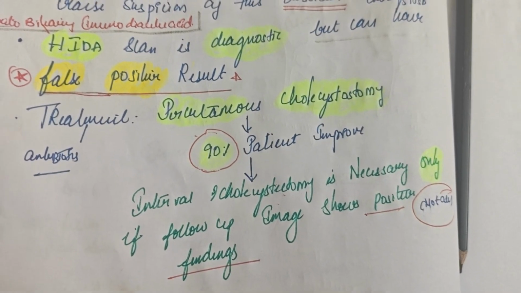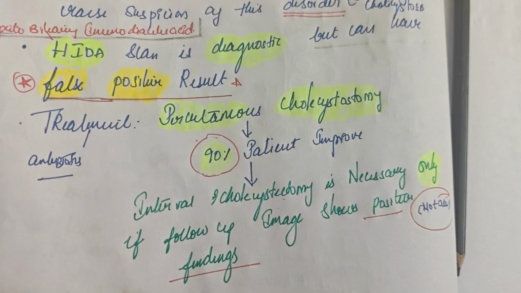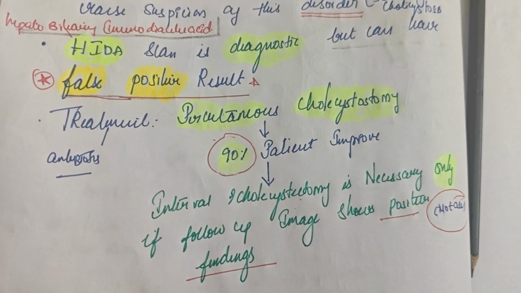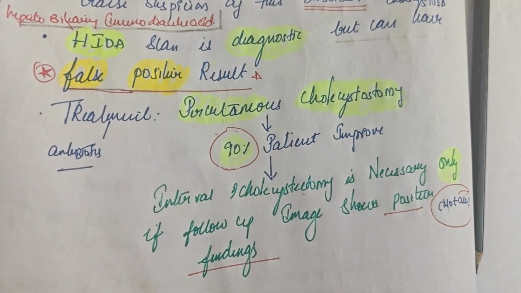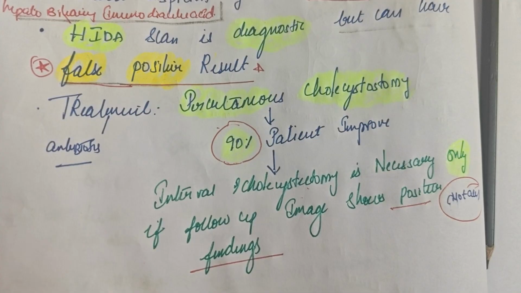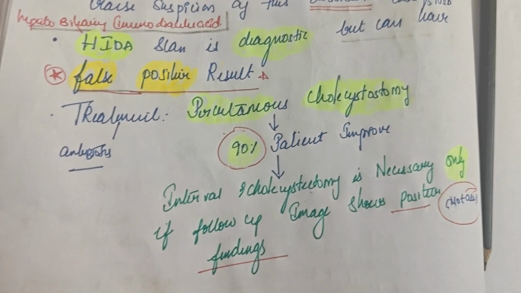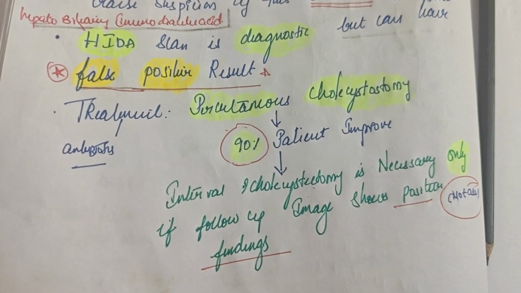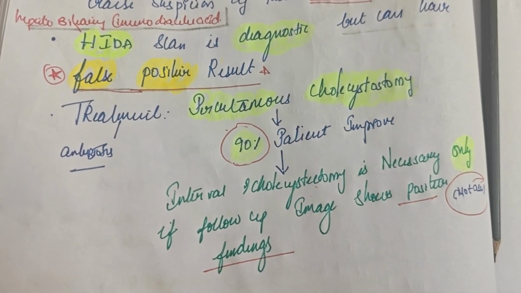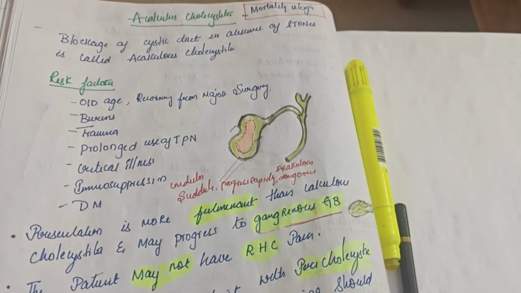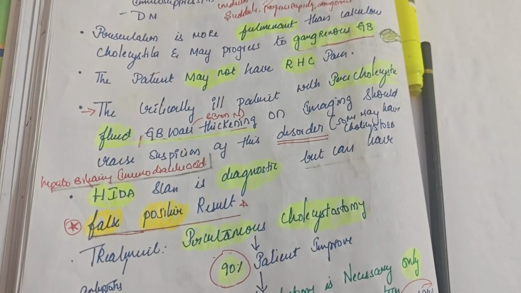So interval cholecystectomy is necessary not in all conditions, only if the same patient has positive images towards acalculus cholecystitis, then I do a cholecystectomy. In 90% I don't do it because patients improve by percutaneous drainage. That's all for acalculus cholecystitis. Thank you.